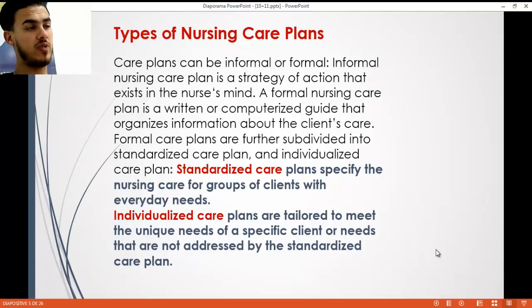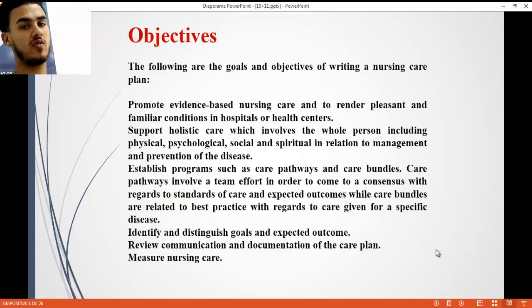So the difference is that the individualized plan is only for one patient, while the standardized one is for a group of patients. For example, you are working in the surgery part of the hospital, so you do a standardized care plan for all patients, rather than an individualized care plan for one single patient.